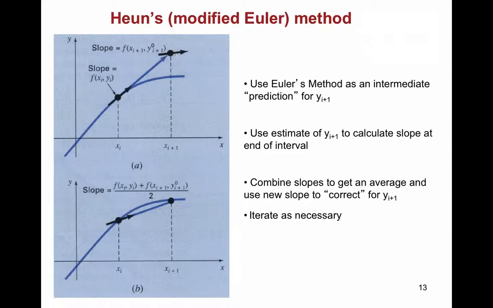I can estimate what the slope would be at that point and just average the two. This point is what the Euler method would estimate. I can find the slope f of x, y for that point, since dy/dx is f of x, y. So that slope is given by function f.